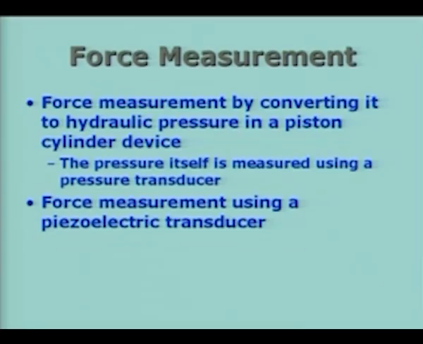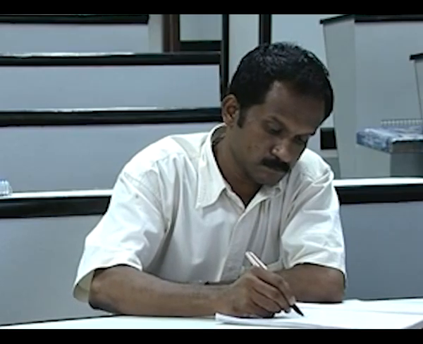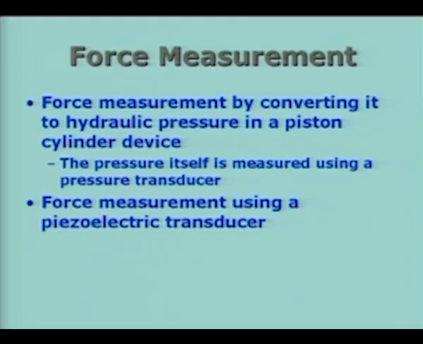In fact, we have already seen different types of pressure transducers, and we know how to use them. So, a pressure transducer can be used for measurement of force by converting the force, instead of to a displacement as in the earlier case, to a pressure. It can also be measured by using what is called a piezoelectric transducer directly. We will look at it a little later in more detail.